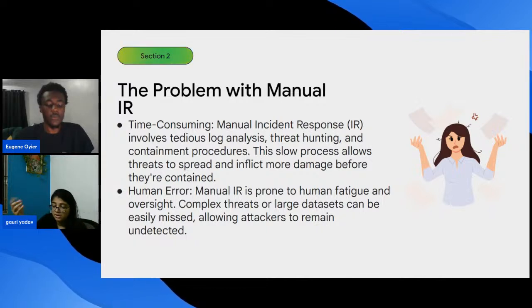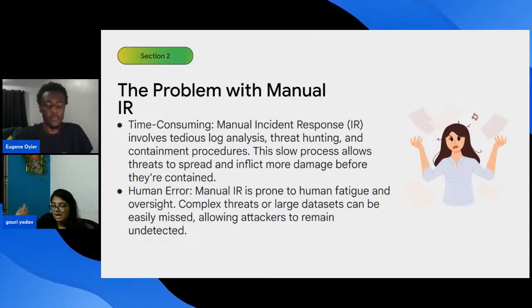What is preparation? Developing and maintaining an IR plan. What is an IR plan? An incident response plan. For example, we all think about what we are going to do if this kind of threat comes. In the same way, if our company or our data is attacked by someone, how we would respond to it. That is called maintaining an IR plan, training staff, and setting up detection systems.